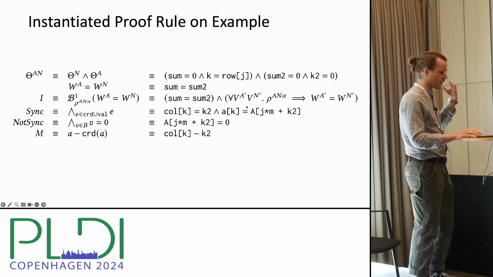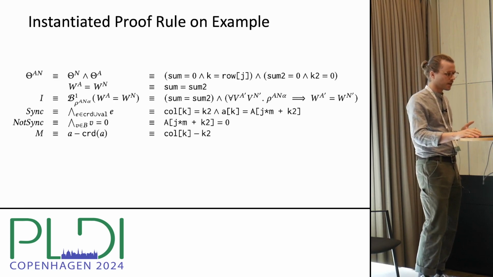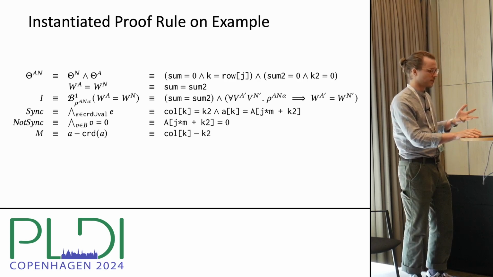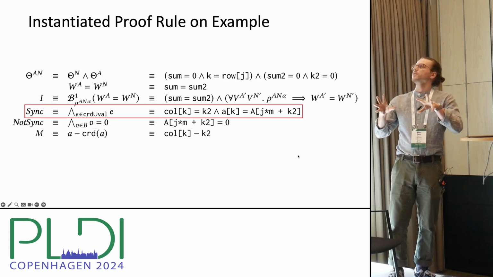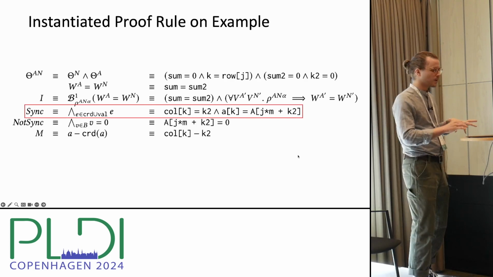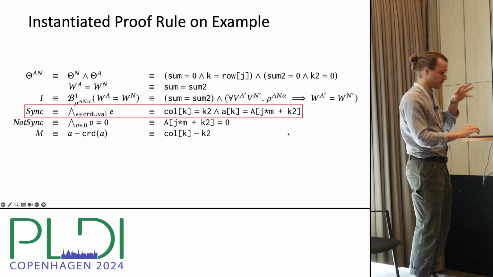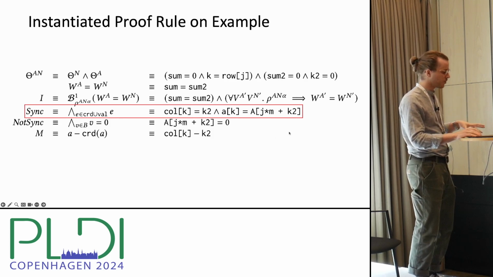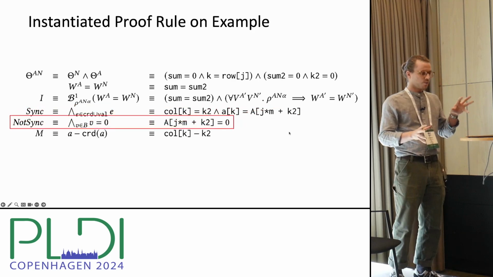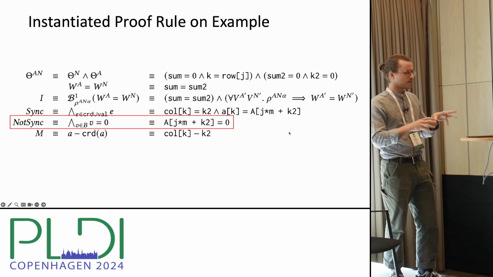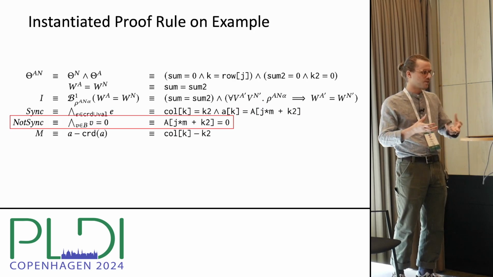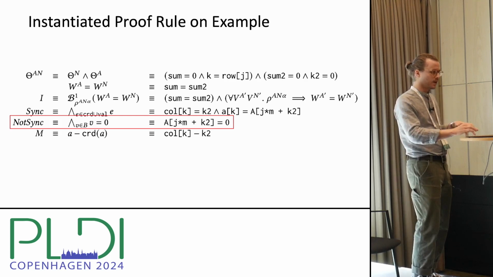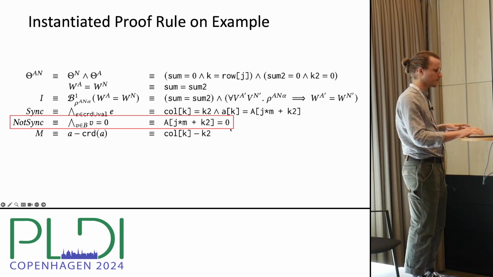And this is an example instantiation of what these relations actually look like, just to give you an idea. So when both systems are processing the same elements, we have certain predicates that are true. And when the dense system is processing a 0, then we have to make sure that we're asserting that there is a 0 stored in the dense version of the matrix.